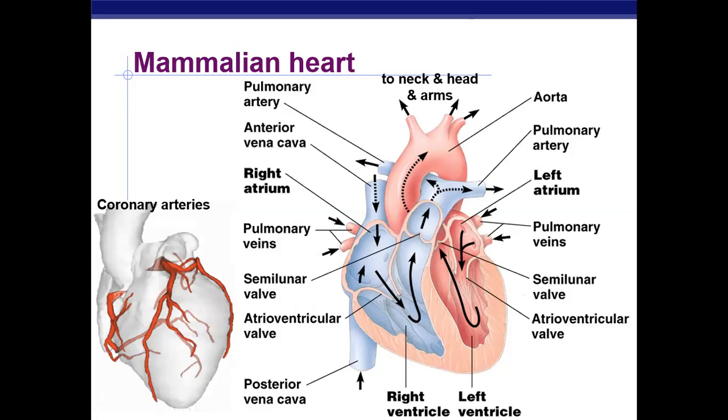And then blood with oxygen in it cannot get to the parts of the heart. So that would be part of atherosclerosis, something you need to know for this unit. Atherosclerosis is the hardening of the blood vessels and possibly a clog in the blood vessels or the coronary arteries.